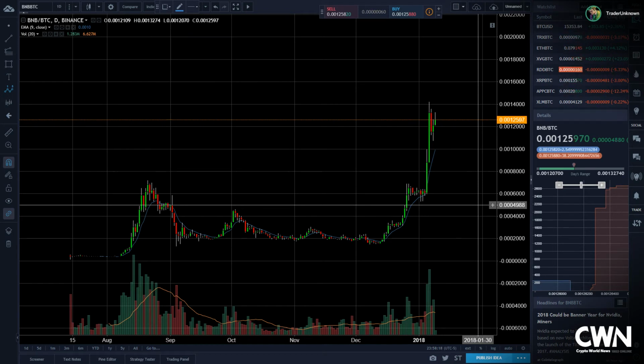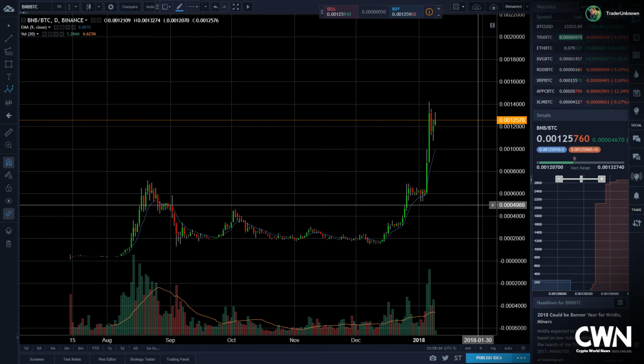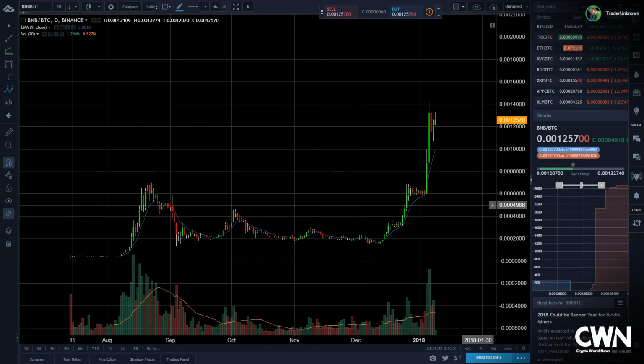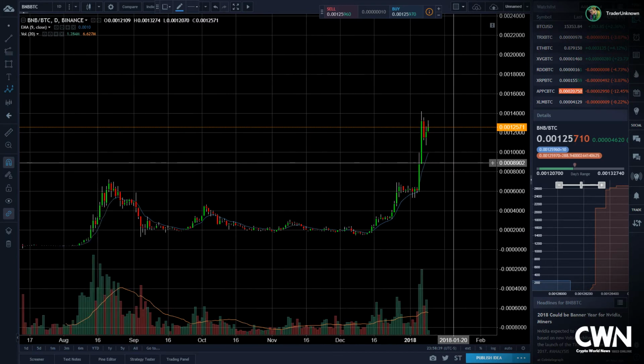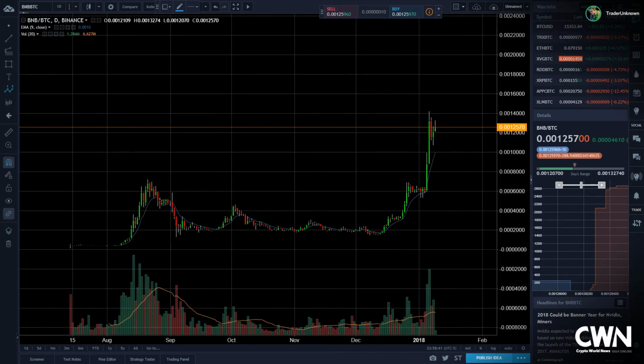No matter how good the chart looks, you never bet the farm. But 10% per position is okay with me. 20% is a little bit more risky, but for me, I like the chart. My two biggest positions right now are Ripple and then below that Binance coin.